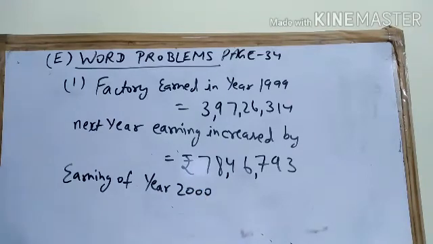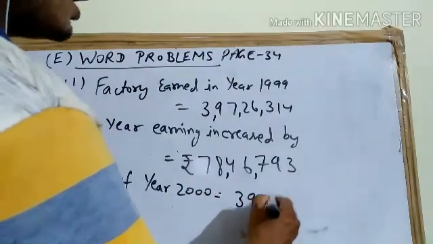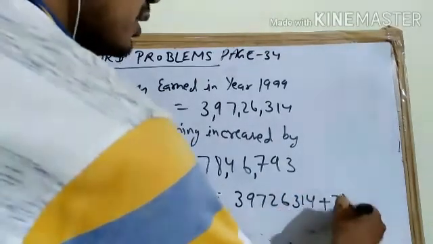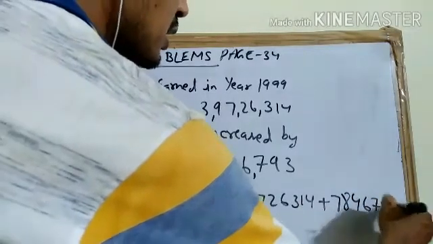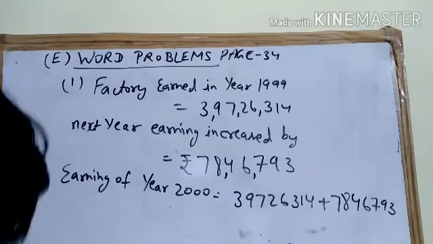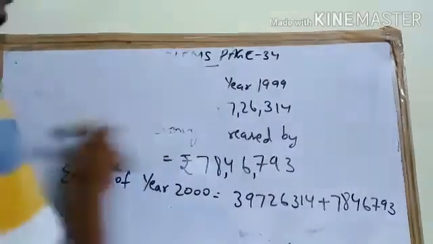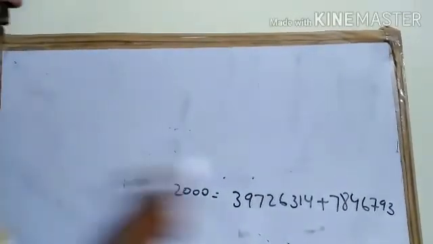It means we have to add these two numbers, 39726,314 plus 7846,793. So we will add them. How can we add? We have done already. We will add by using column methods.